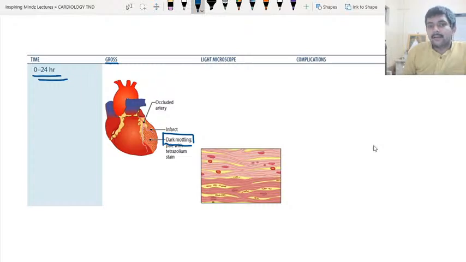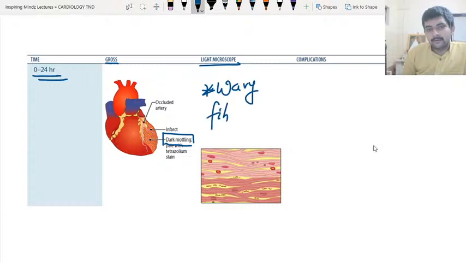Then under light microscopy you get waviness of the fibers. This is the only word I want you to note down in this table: waviness of fibers on light microscopy.